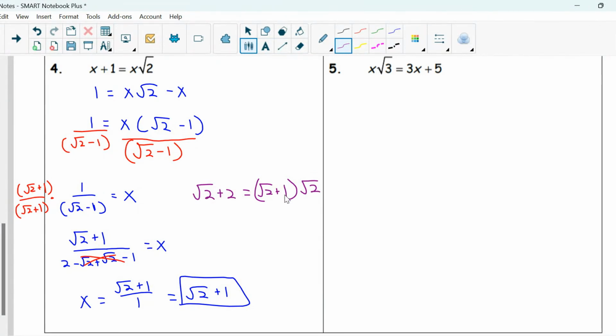Square root of 2 times square root of 2 is just going to give me 2 plus the square root of 2 times 1, which is the square root of 2. So ultimately, square root of 2 plus 2 equals the square root of 2 plus 2. We're good to go, so we checked our solution.